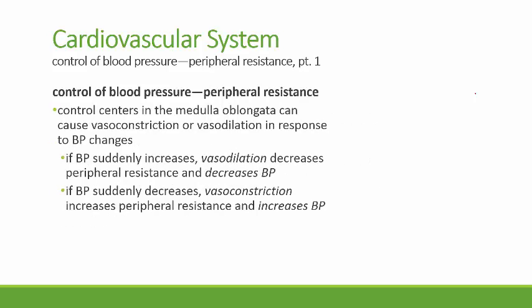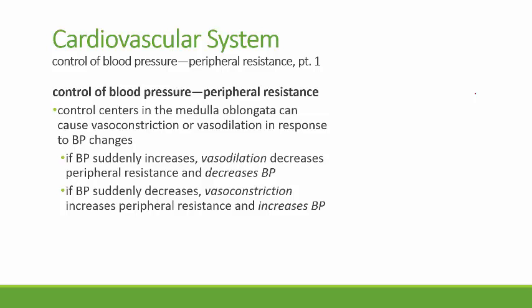We can also adjust blood pressure by controlling peripheral resistance. Also in the medulla, there are control centers that can send out signals for either vasoconstriction or vasodilation in response to blood pressure changes.